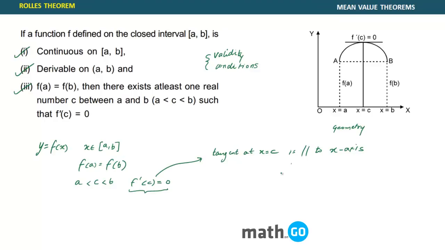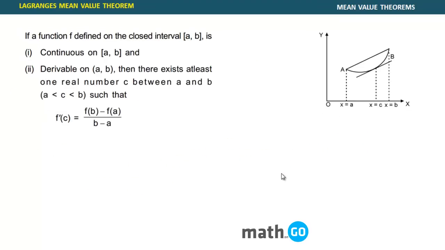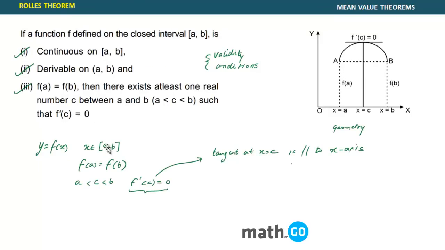Now let us also understand Lagrange's mean value theorem before we apply them to problems. For Lagrange's mean value theorem, again the function is from a to b, the same stuff, it belongs to the closed interval [a, b]. It is continuous, it is derivable. Now compare this with Rolle's theorem. The third condition is not there. The third condition was f(a) equal to f(b), and now this is gone.